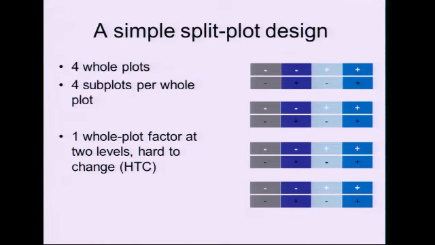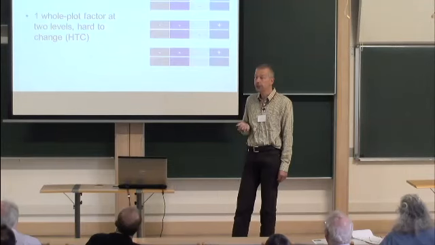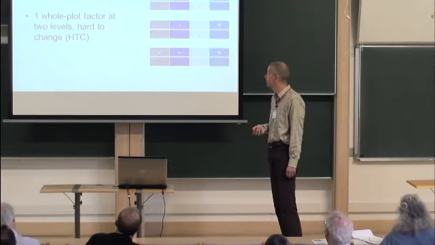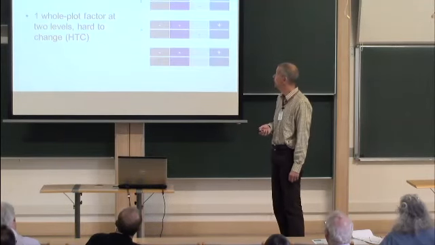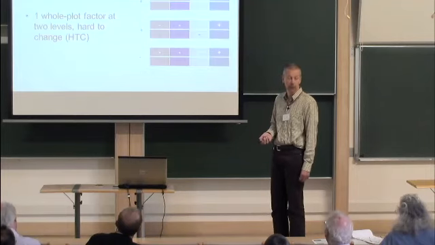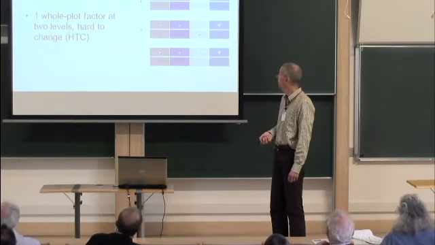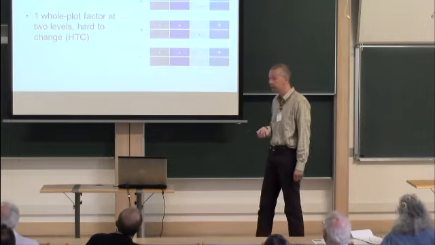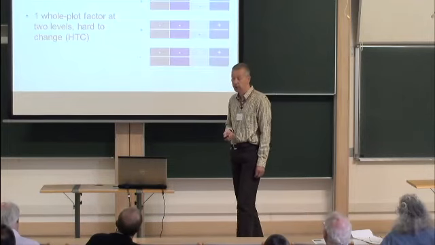They are hard to change in the agricultural settings originally, and also in the industrial settings I'm going to discuss. So here is the whole plot factor, and it is at 2 levels, coded with a -1 and a +1, and there are 2 whole plots with a +1 and 2 whole plots with a -1.